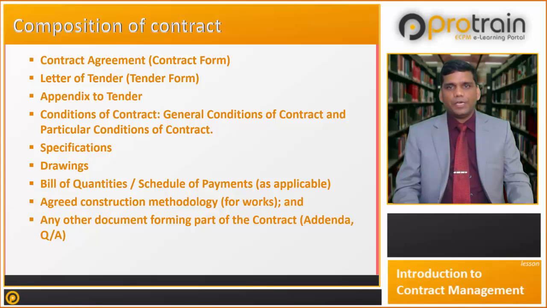The particular conditions of the contract are a customized form of general conditions of contract wherever the general conditions are not applicable. Particular conditions prevail over the general conditions. Particular conditions change, replace, and revise the clauses of the general conditions.